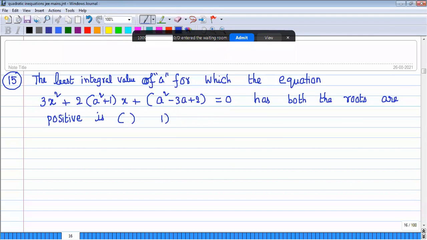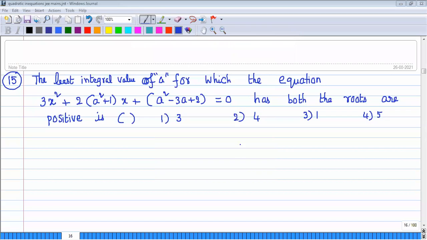First option 3, second option 4, third option 1, fourth option 5.